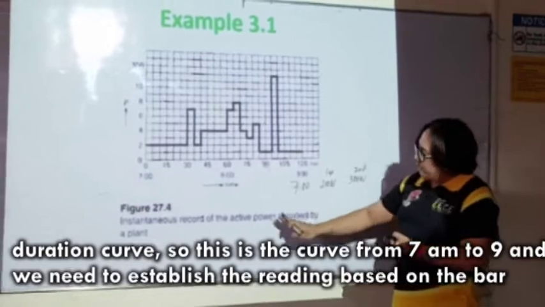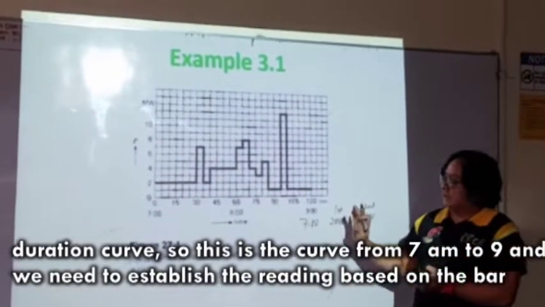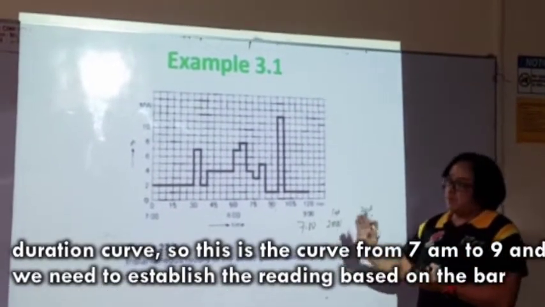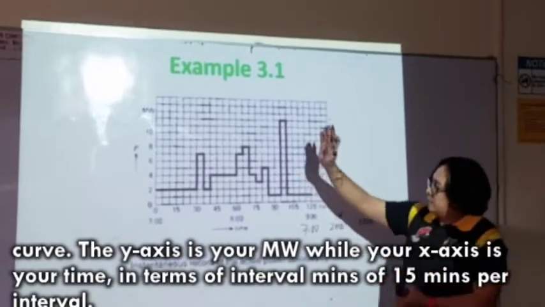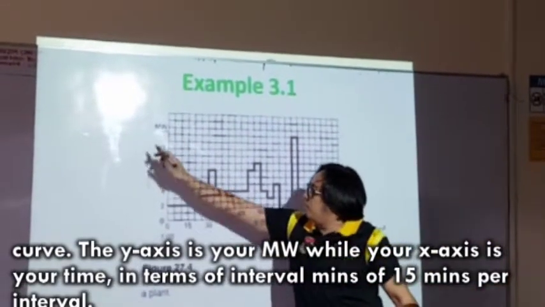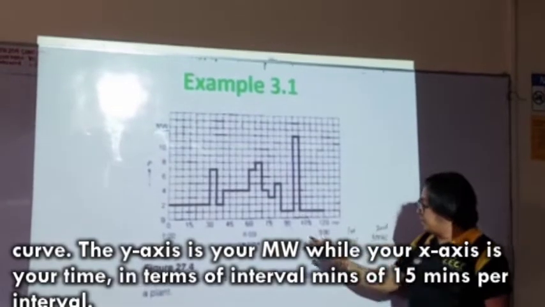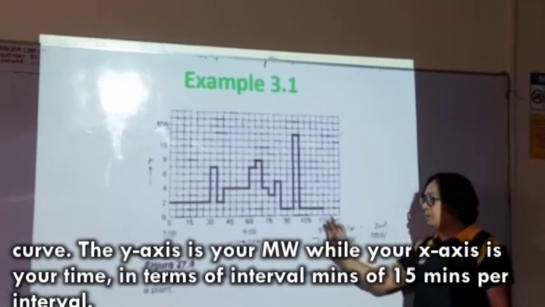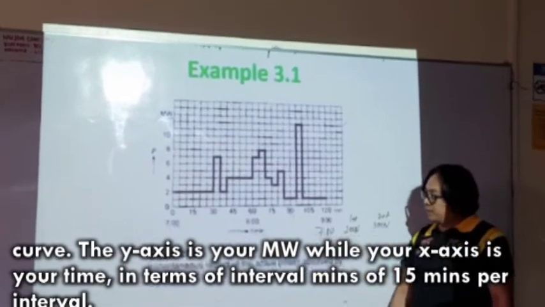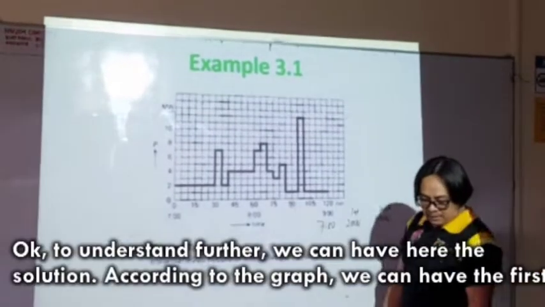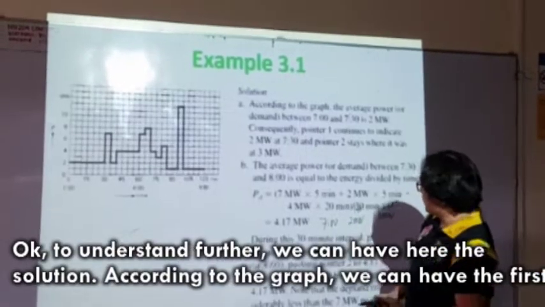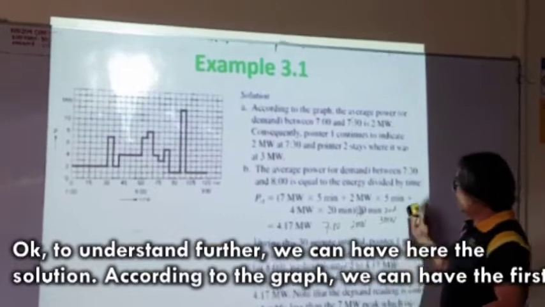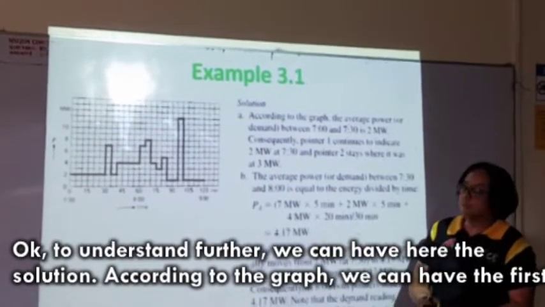This is the curve from 7 a.m. to 9, and you need to establish the readings based on the bar curve. The y-axis is your megawatts, while your x-axis is the time in intervals of 15 minutes per interval. To understand it further, here is the solution.